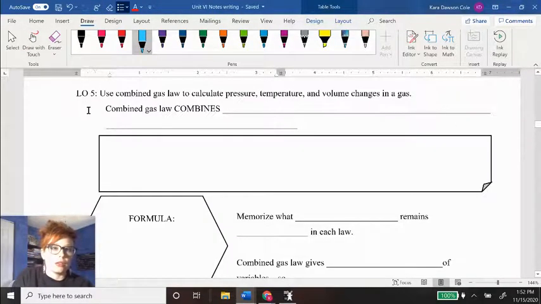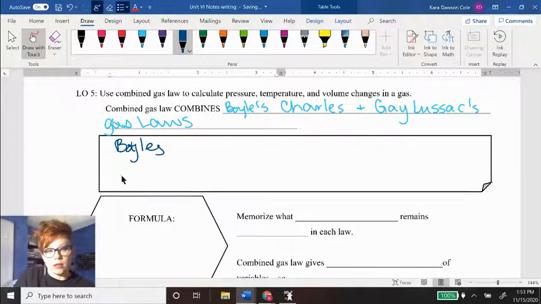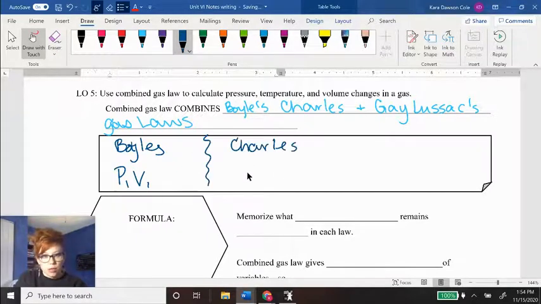So Learning Objective 5 is to use the combined gas law to calculate the pressure, temperature, and volume changes in a gas. The combined gas law combines Boyle's, Charles's, and Gay-Lussac's laws. Remembering, one side of Boyle's law was P1V1, which equals P2V2. For Charles's law, we had V1T2.